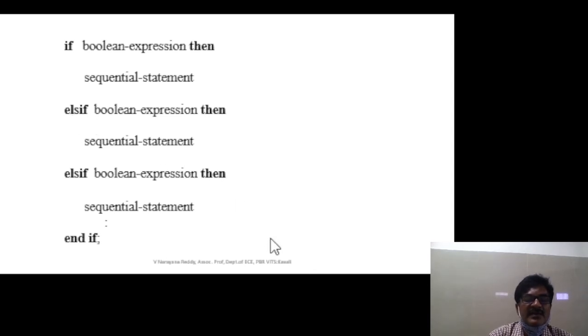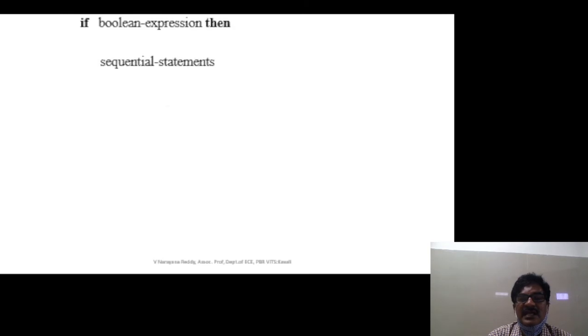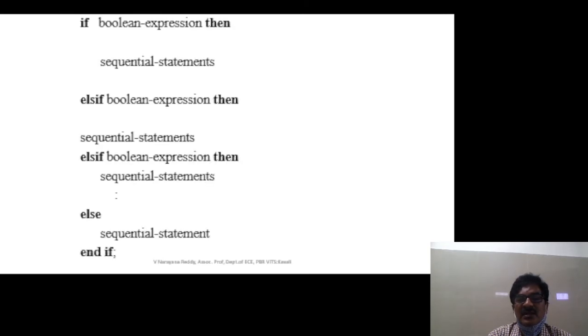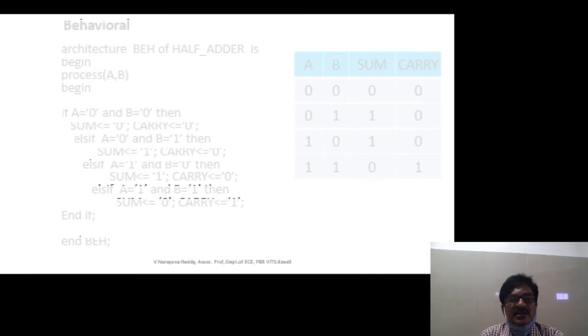Usually in other languages, you can see the nested if as ELSEIF. But here you can have two types, ELSEIF and ELSIF. The difference is, in case of ELSEIF, the number of end if statements is equal to the number of if statements. But in the ELSIF case, only one end if is enough for all the if statements. So this is the syntax, which you already know.